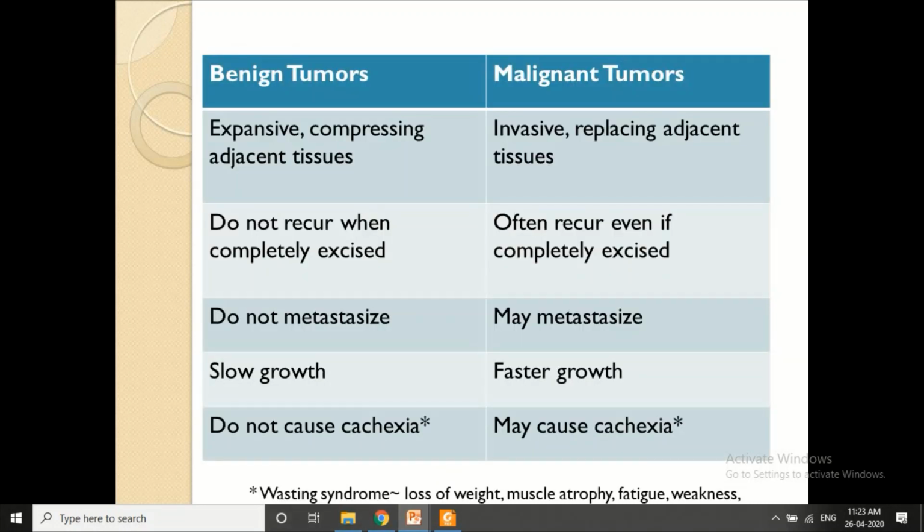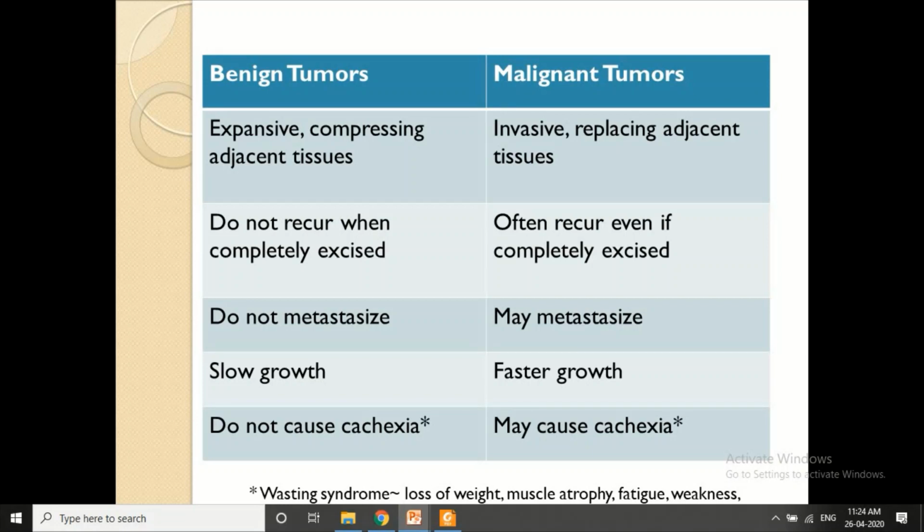These are the differences between benign tumors and malignant tumors. Benign tumors are expansive, compressing the adjacent tissues. Malignant tumors are invasive, replacing the adjacent tissues. Benign tumors do not reoccur when you excise or surgically remove them. But malignant tumors may reoccur even if you excise them completely.